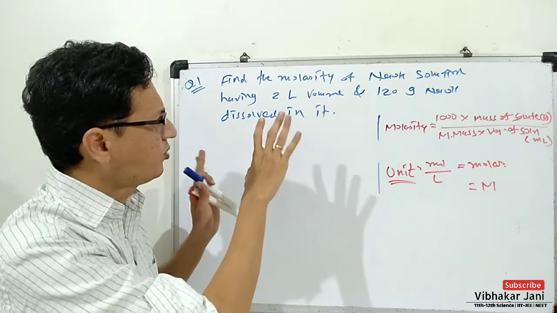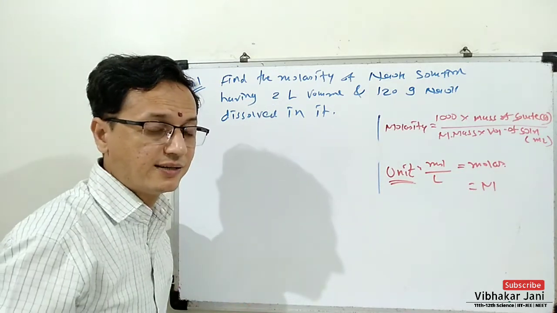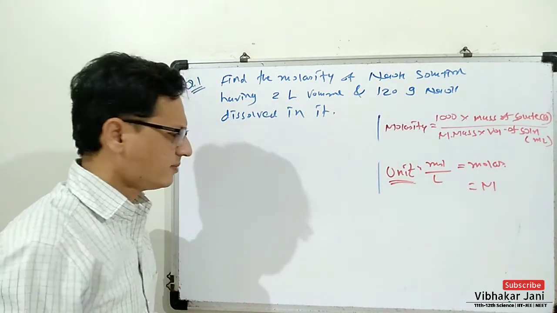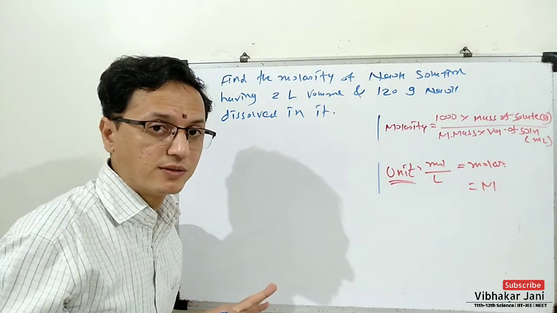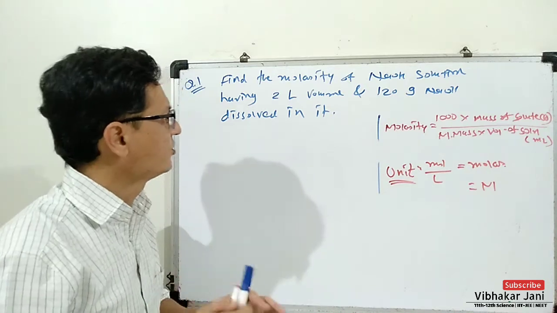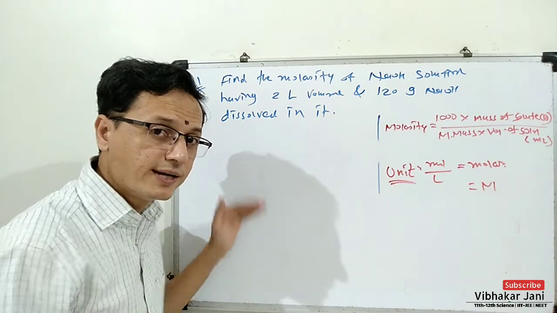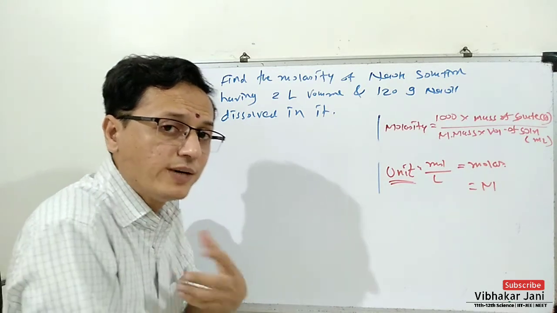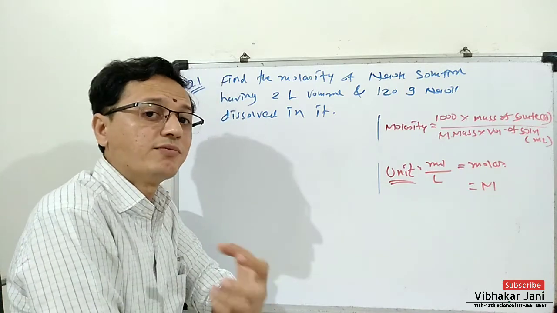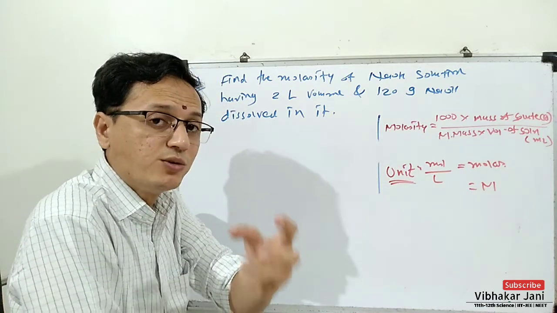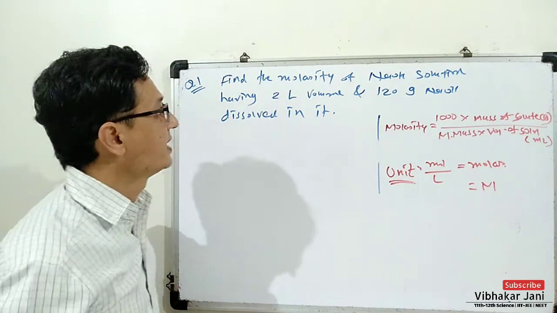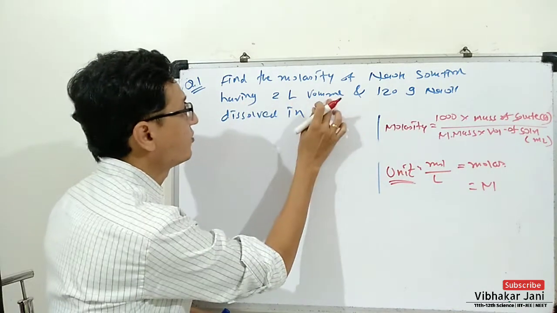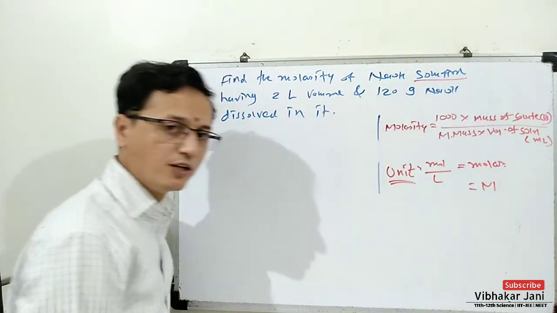If these kind of questions are asked, then first of all, you should not decide whether you can solve this problem or not. First of all, you just make a list of given data. Then automatically you will come to know which kind of formula you can use to solve this problem. So let us make a list of given data. Here we have 2 liter volume, which is the volume of our solution.